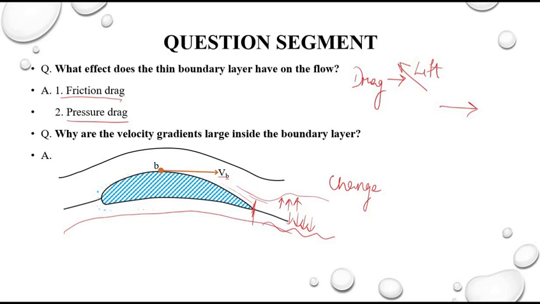Now, the second thing. We had discussed a point on velocity gradients, that the velocity gradients are large inside the boundary layer. So how and why do these velocity gradients become large when there is a boundary layer? Let us have a look.